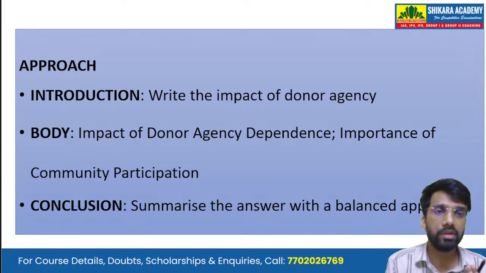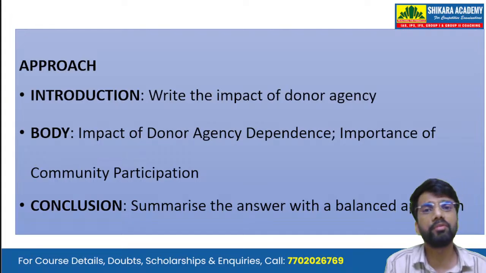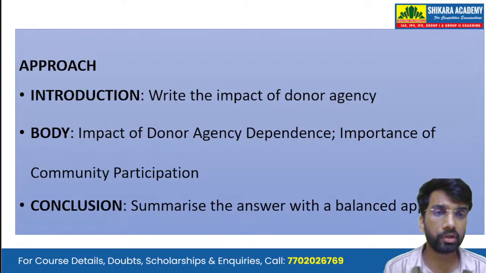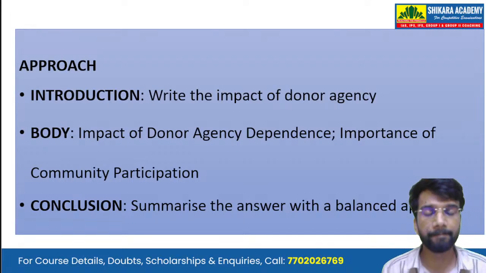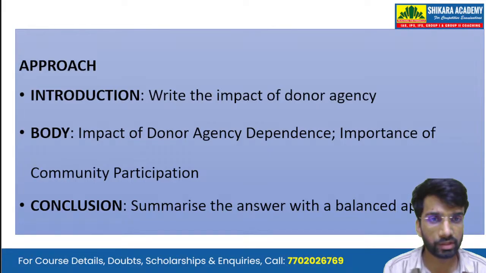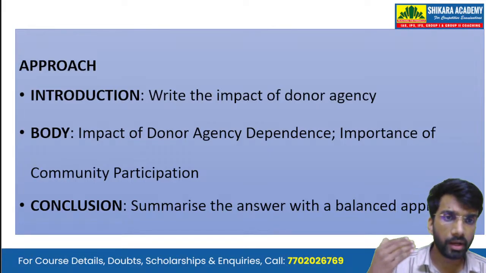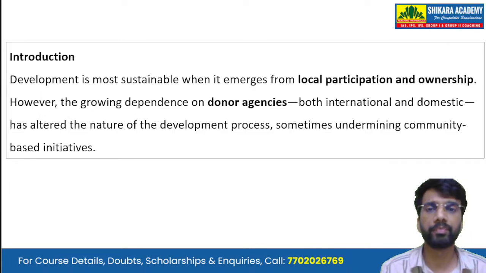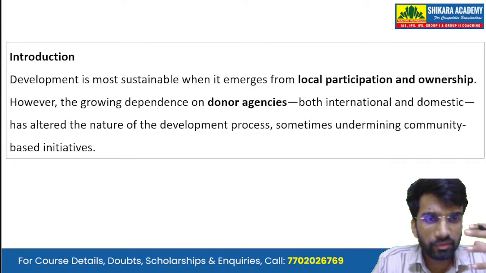Then we write about the second half of the answer, the importance of community participation, or whether this dependence on donor agencies has reduced it. Then in conclusion, we will summarize the answer with a balanced approach. So, starting with the introduction.